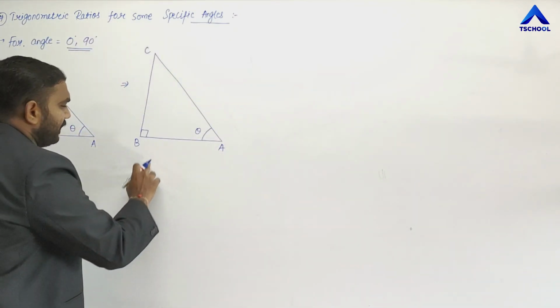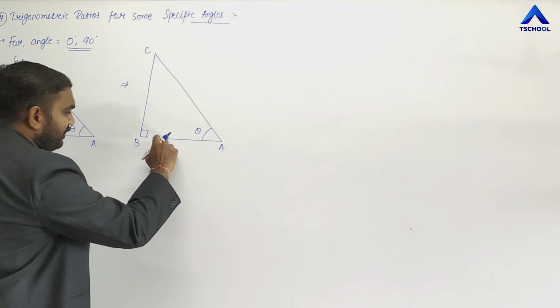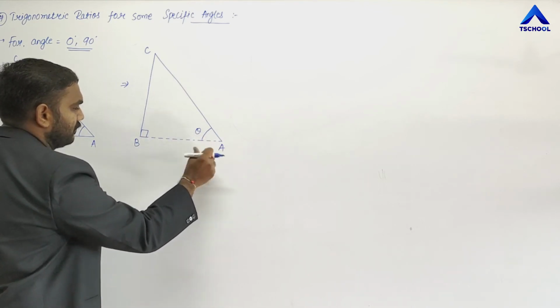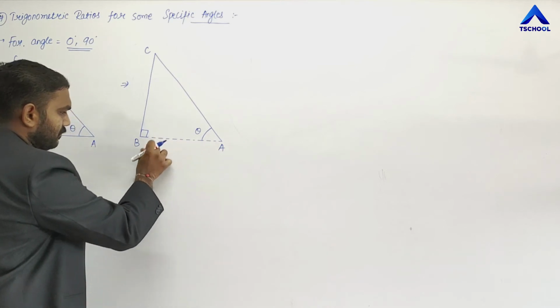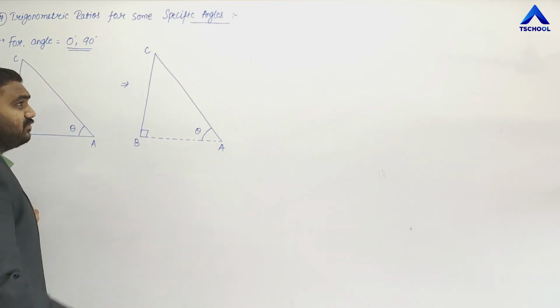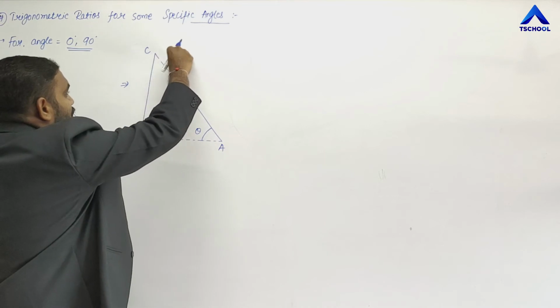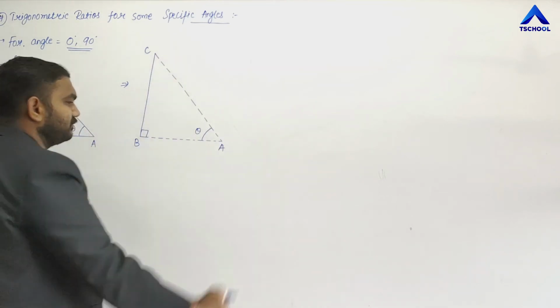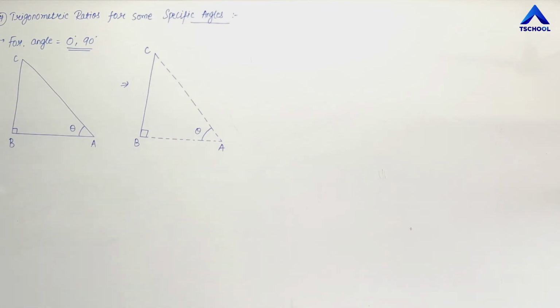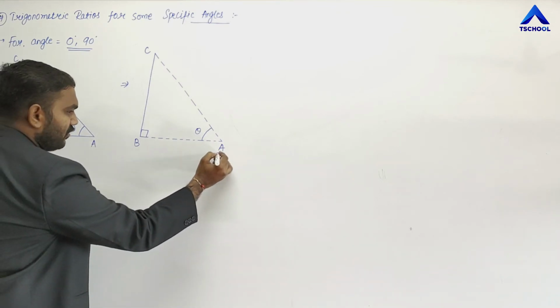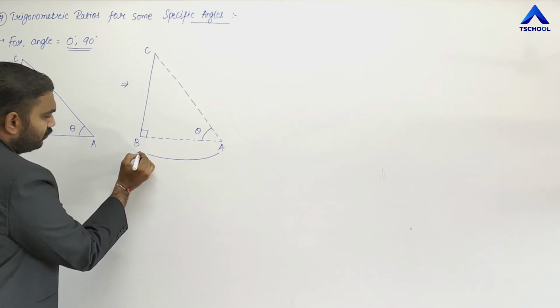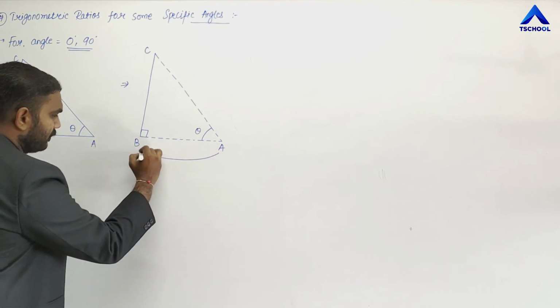We are going to simply take out this side, and this side will now move on to this side BC. Is this thing clear or not? Right. So I am going to take this A here to B.